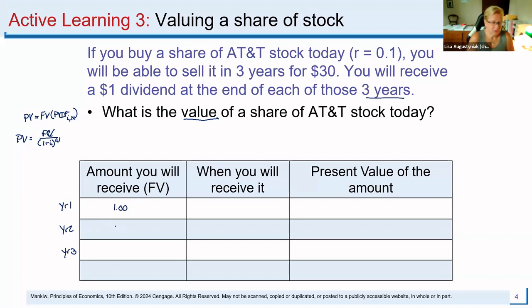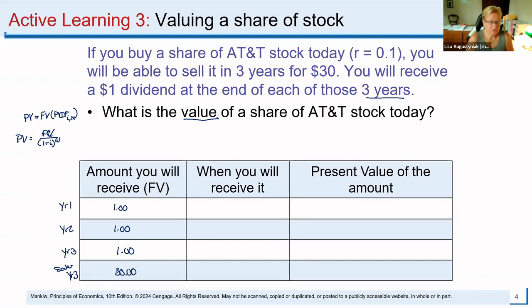Amount in year 2, $1. Year 3, $1. But you're going to sell it at the end of 3 years, so I'll put sale, year 3, and that would be $30. Sell it in 3 years for $30.